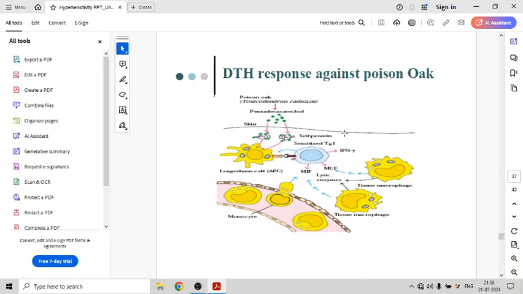The alkaloid enters the skin, and that alkaloid is processed by the macrophage on first entry, and as soon as the alkaloid is processed by the macrophage, it presents that to the TH cells, and TH cells get activated by the antigen which is presented on class 2 MHC. The further response is the same as I had explained earlier, where the aggregation of macrophages will start because the macrophage chemotactic factor and macrophage migration inhibition factor secreted by the TH cells make the macrophages accumulate in that area.